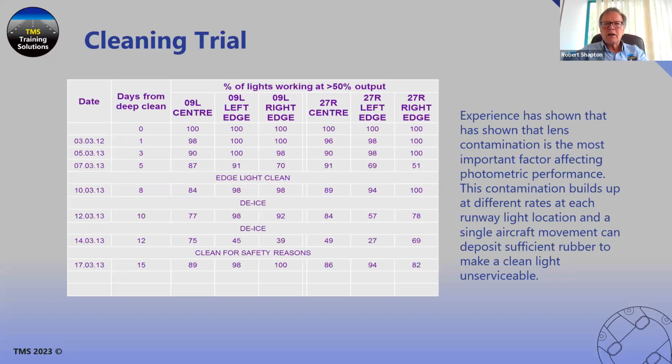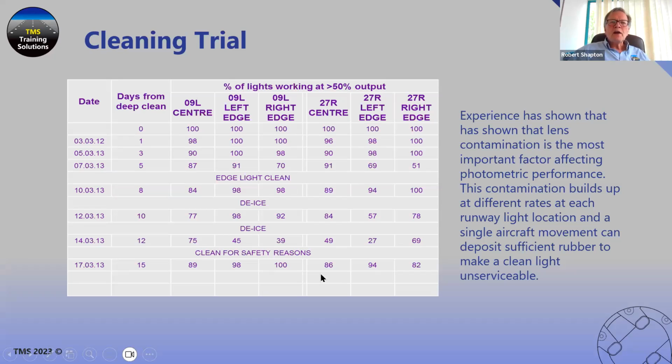But in this particular example, we calculated that the lights needed to be cleaned after 8 days routinely to achieve compliance, and immediately following a de-icing event. So every time an airport is de-iced, you had to clean the lights, because the de-icing fluid they were using contaminated the lenses to such a bad extent.